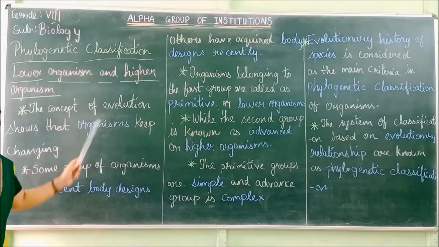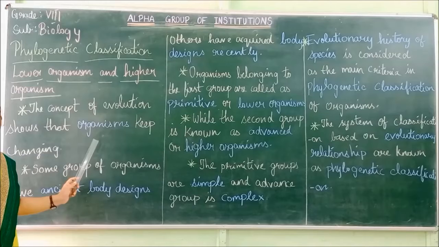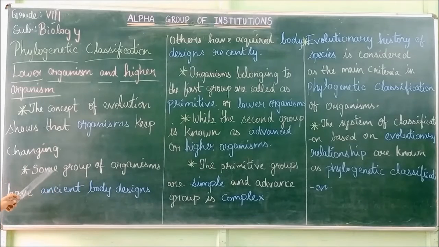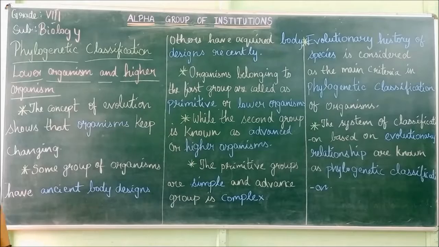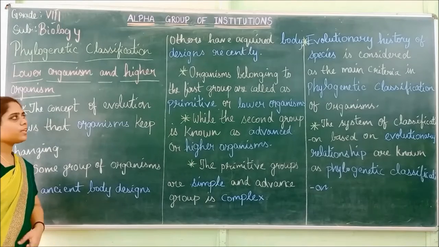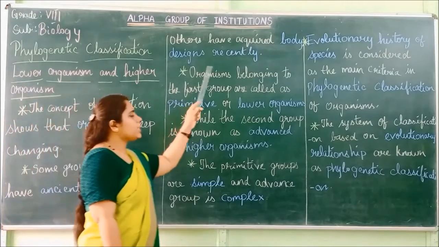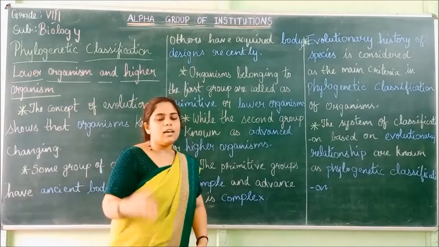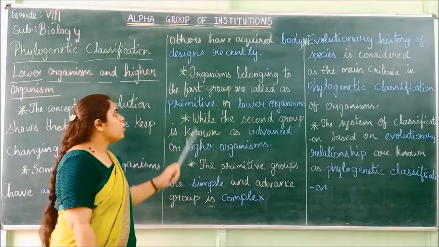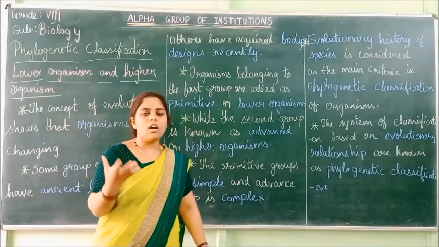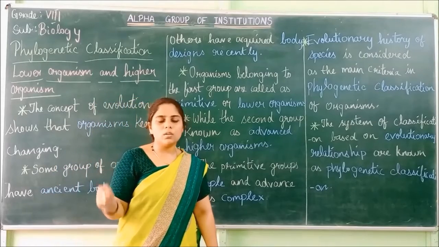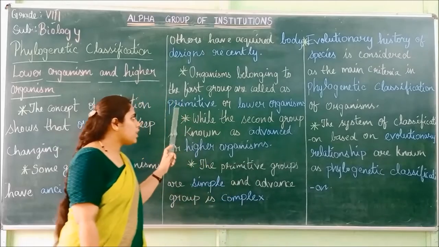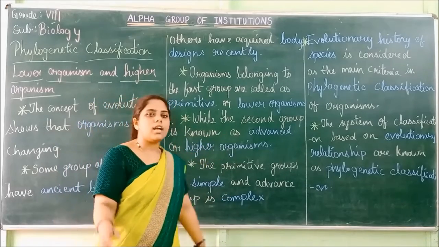So in evolution, what happens? The organisms keep changing. In some groups of organisms, the body designs remain the same for a long period, whereas in some organisms, the designs have recently evolved. The first group, where the organism has had the same body design for a longer period without any change, is called primitive or lower organism.